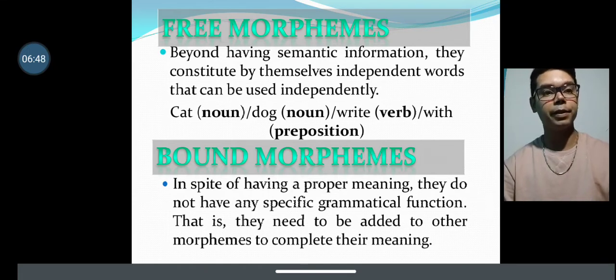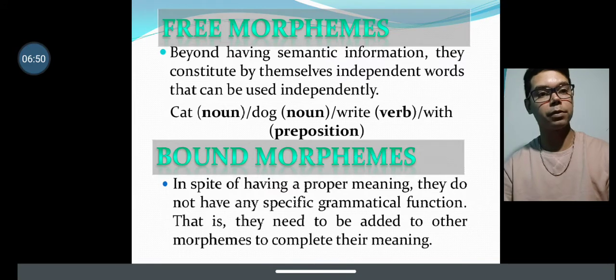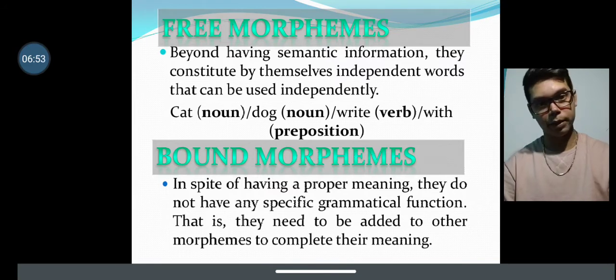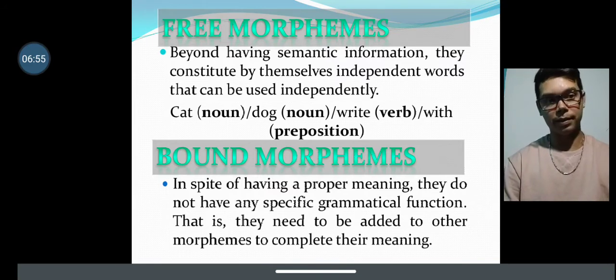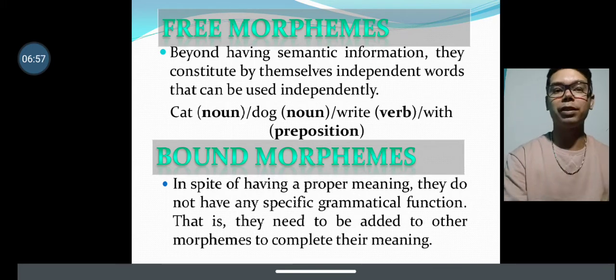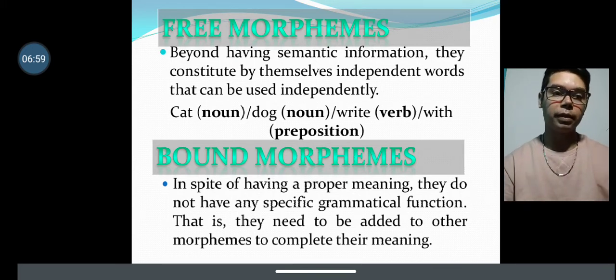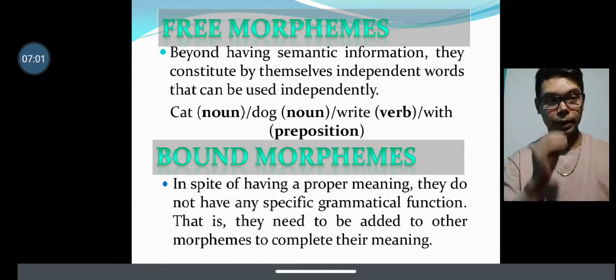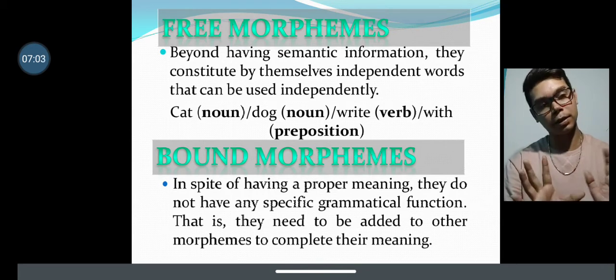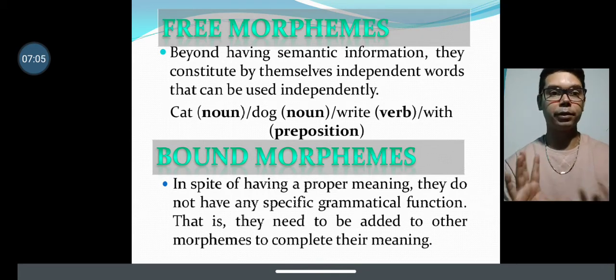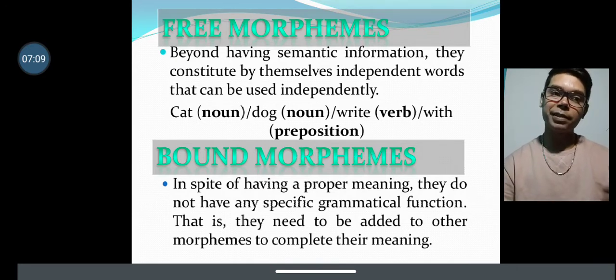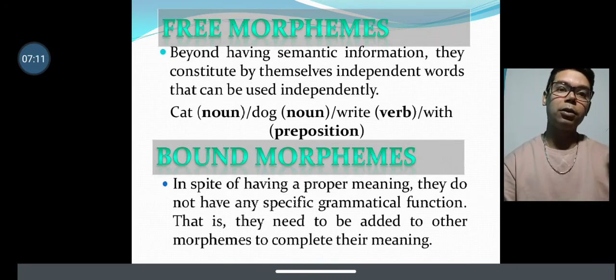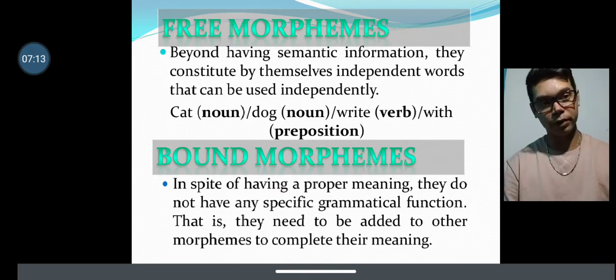That is, they need to be added to other morphemes to complete their meaning. Okay, a pesar de tener un significado propio, ellos no tienen ninguna función gramatical específica, y esta va a ser la clasificación, la clave para distinguir entre un morfema libre y un morfema ligado, que es que ellos necesitan ser agregados a algún otro morfema para completar su significado.